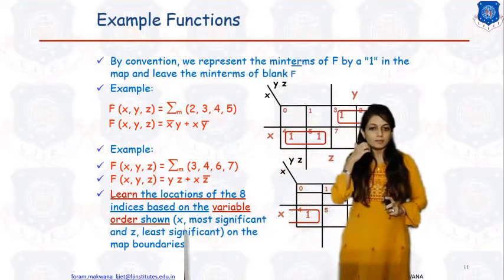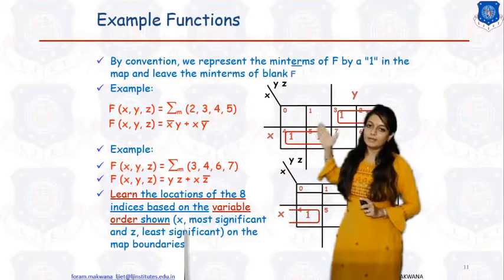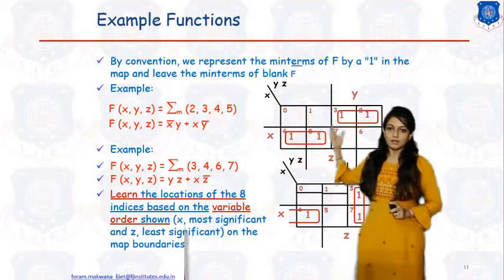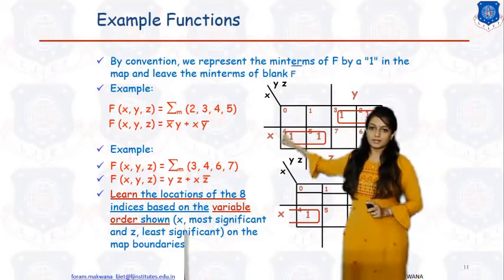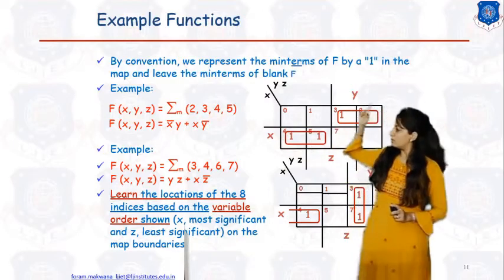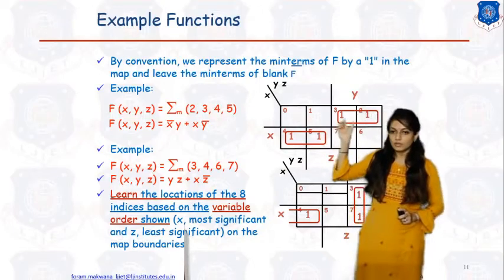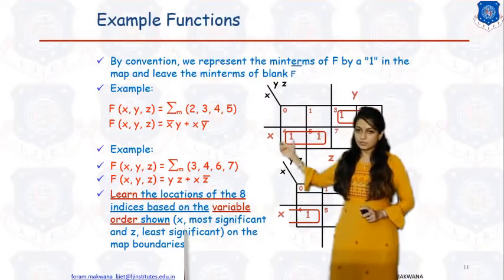Alright, so first we need to draw the 3 variable K map, and based on the function given, we need to place 2, 3, 4, and 5. And we are not able to cross connect these 4 ones. So you need to make 2 groups. First group is of these 2 ones, second group is of these 2 ones.